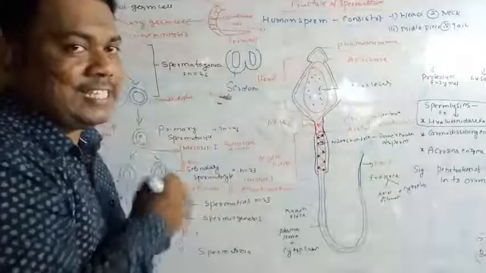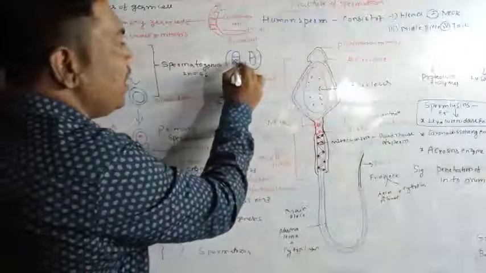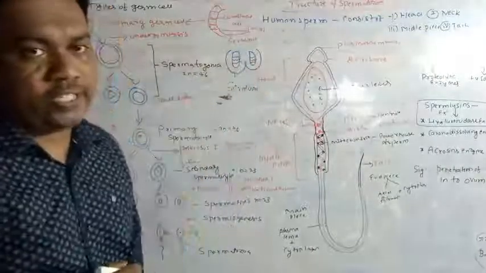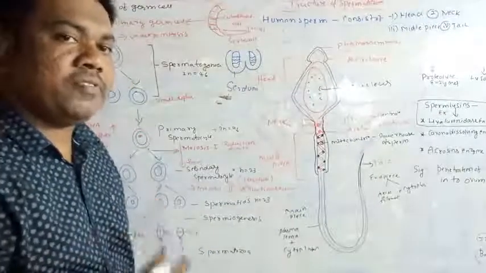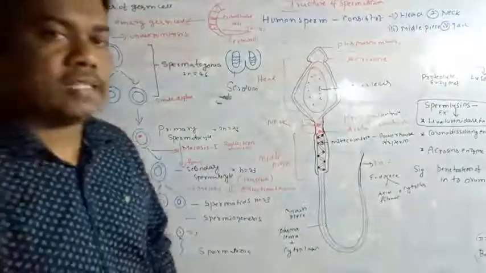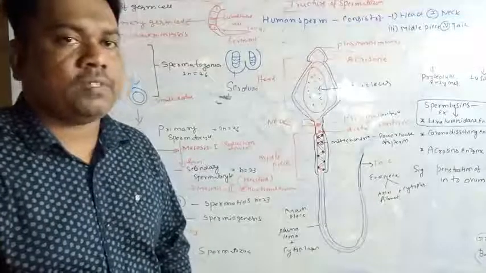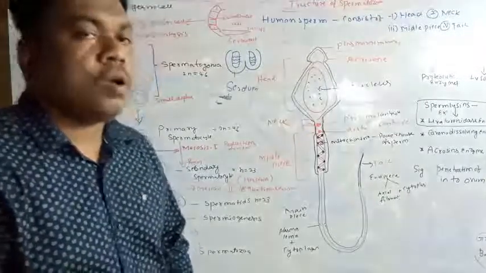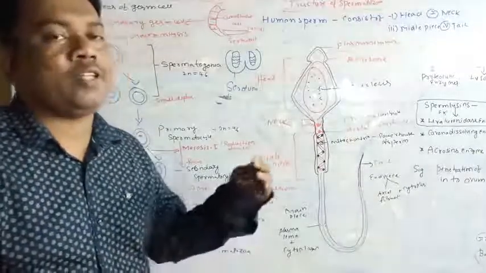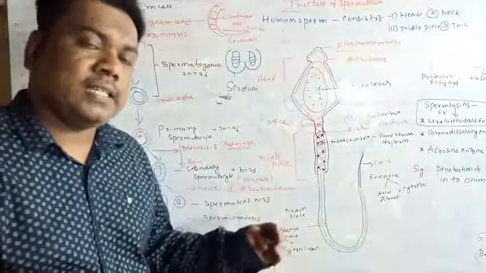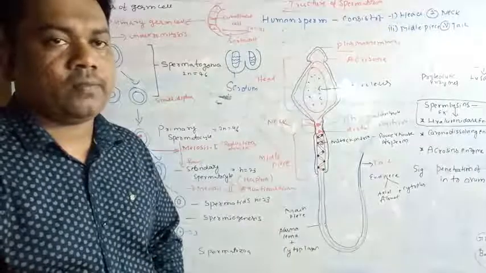Inside the testis there are seminiferous tubules where the sperms are produced. That process is called spermatogenesis. We can also give the definition in another way.